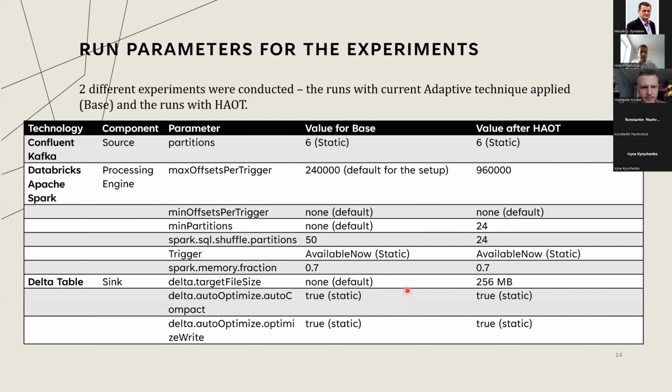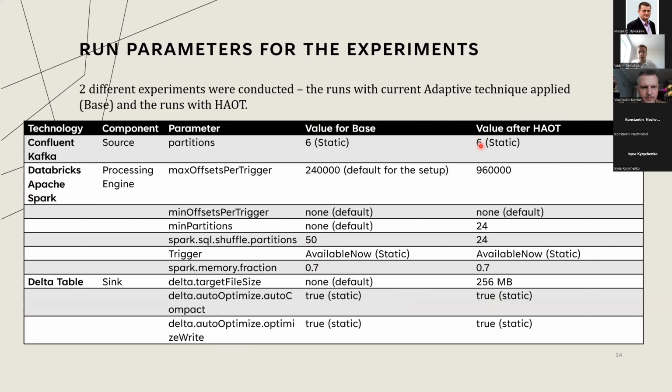As the result, we've conducted a couple of experiments. At the first stage, the ML model in both cases, so this is the existing approach, performed only for the processing engine itself, and it modified only SQL shuffle partitions and Spark memory fraction. While HLT considered properties of the source and targets, and modified, for instance, min partitions.